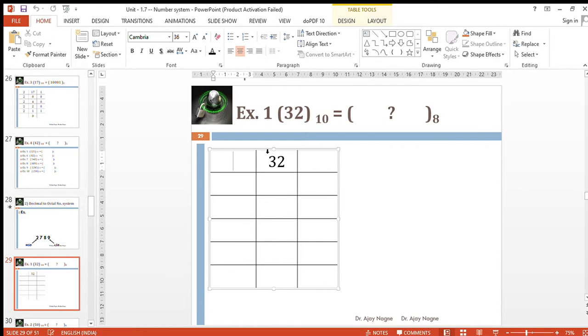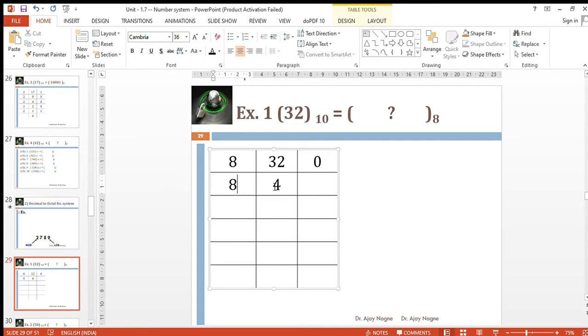If we perform the mod operation, 32 mod 8, what will be the division? 8 fours are 32, and remainder will be 0. Then again we give the mod 8 operation.